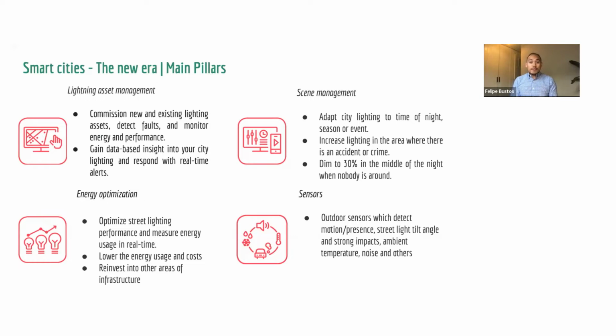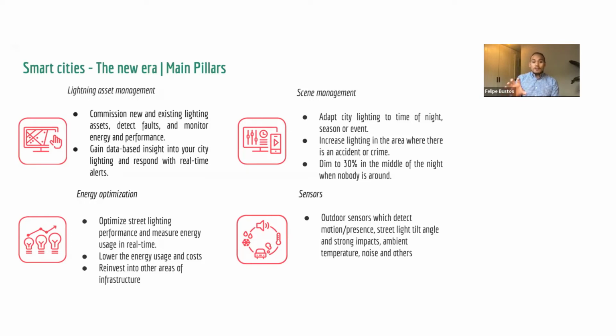It is possible to increase the lighting in an area where there's an accident or crime, or in areas where there's no lighting infrastructure. So this is something that can be implemented. It would also be possible, for example, to lower the use of the light by 30% when nobody is around. So that's also a very efficient use of resources.